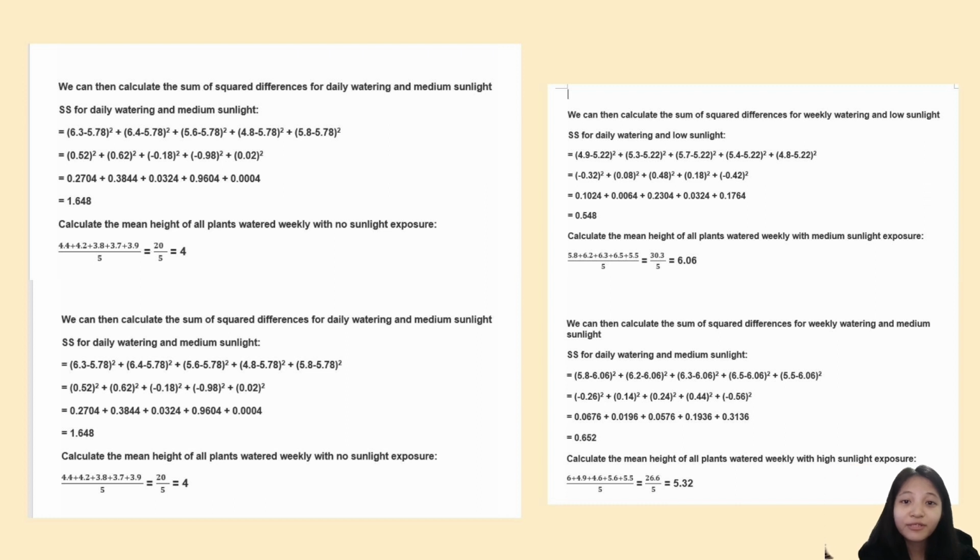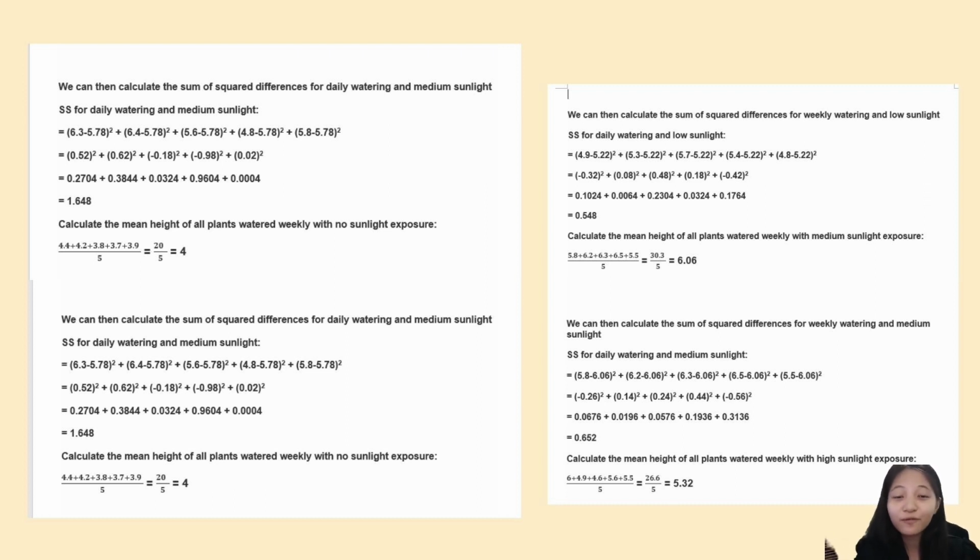So, 6.3 minus 5.78 squared plus 6.4 minus 5.78 squared plus 5.6 minus 5.78 squared plus 4.8 minus 5.78 squared plus 5.8 minus 5.78 squared equals 1.648. So, 1.648 is the sum of square differences for factor A with high sunlight exposure.